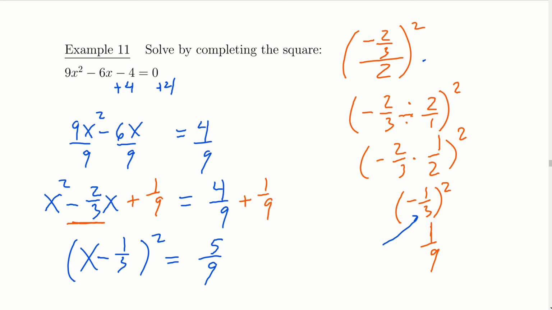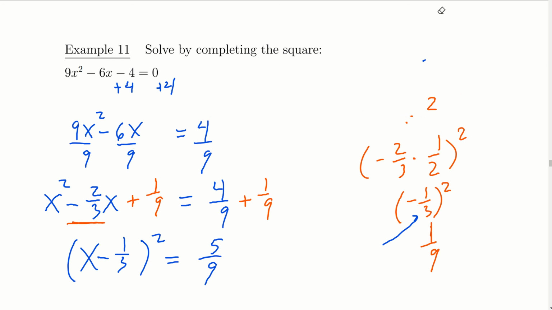And now we can finish it off by doing the square root property. We're going to take the square root of the left-hand side and the square root of the right-hand side.